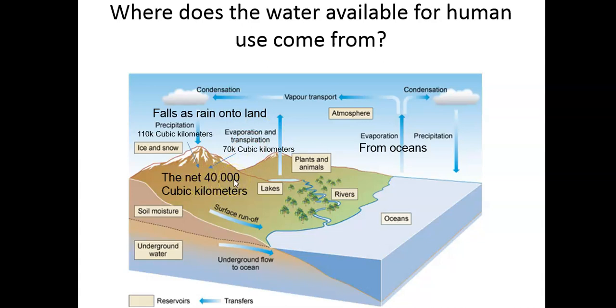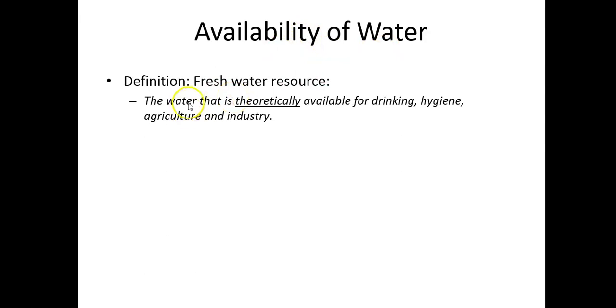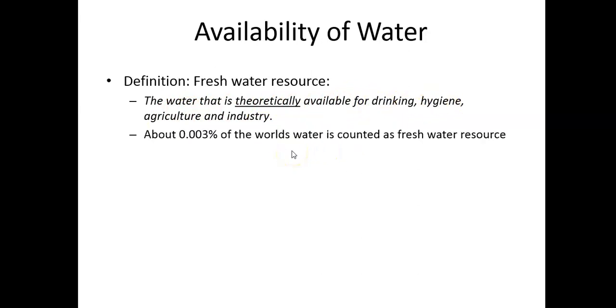So that is the amount of freshwater resource that every year approximately gets regenerated to potentially use for humans, for animals, for any land-dwelling living things. Right? So availability of water. Freshwater resource, again, that's our focus. We're focusing on fresh water, water that is theoretically available for drinking, hygiene, agriculture, industry, for human use.